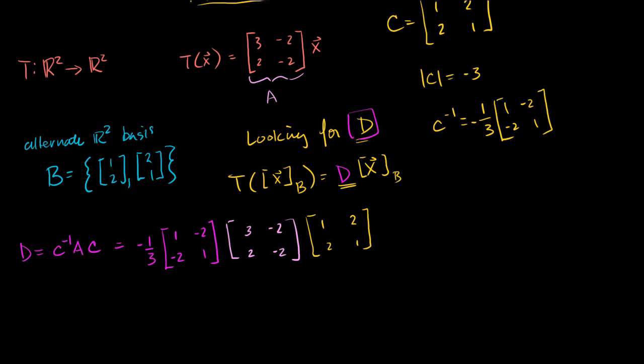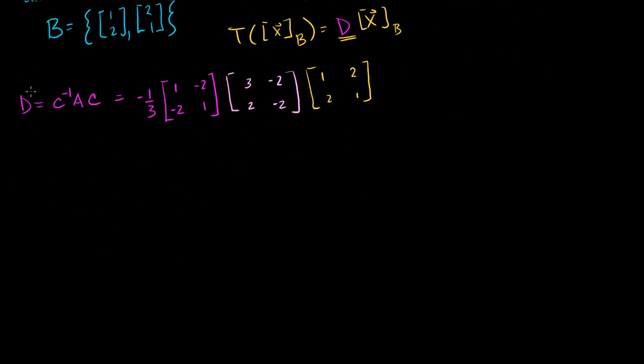So let's do this piece by piece. Let's work through this. What is this piece going to be equal to? We have a 2 by 2 times a 2 by 2. That's going to give us another 2 by 2 matrix. So this first term right here is going to be 3 times 1 plus minus 2 times 2. So 3 minus 4, it's going to be minus 1, right?